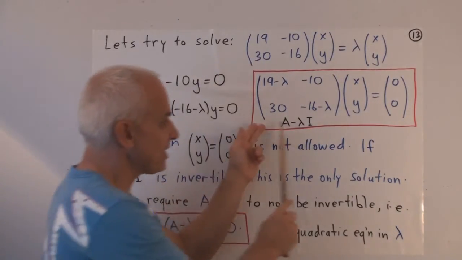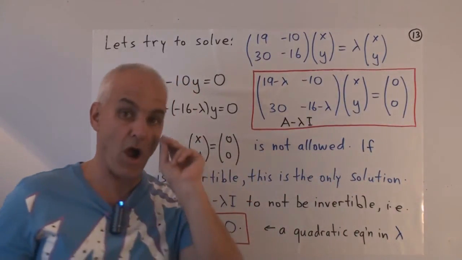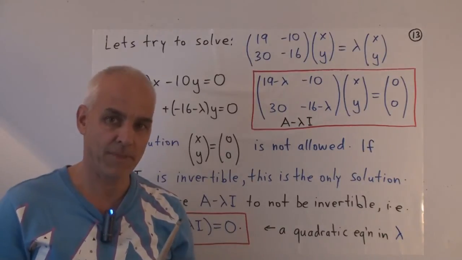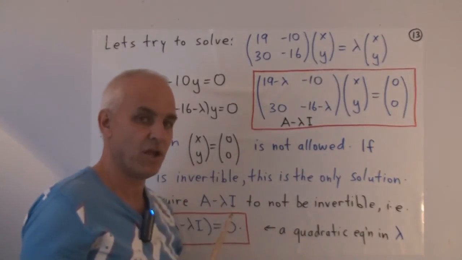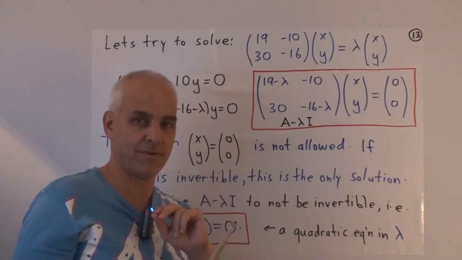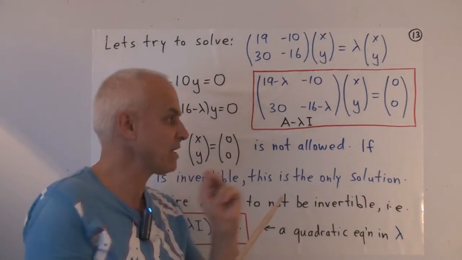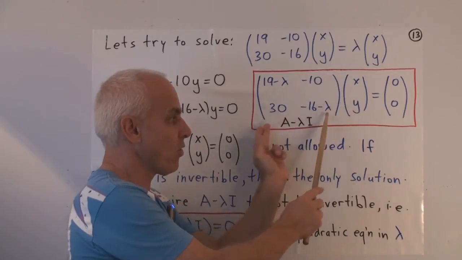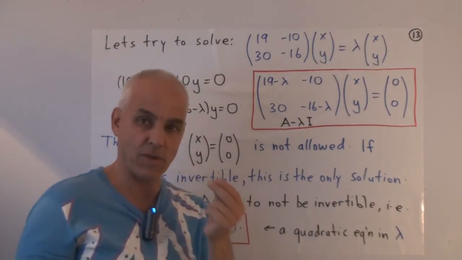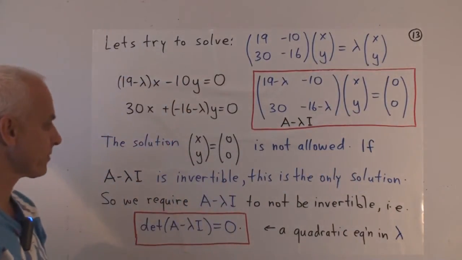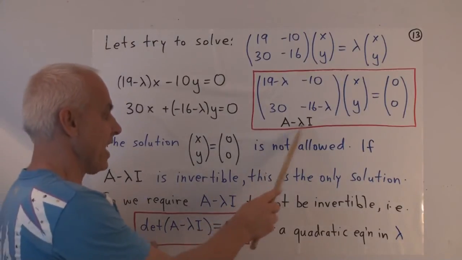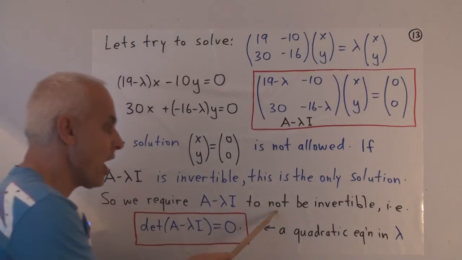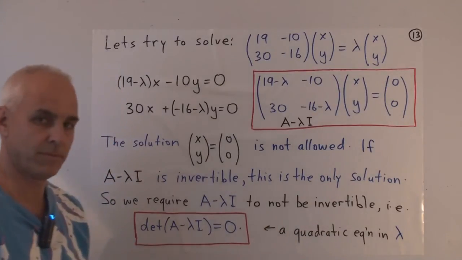So the only way this system has a solution that we are interested in is if this matrix is not invertible. It must be not invertible in order to have a non-zero solution. So we require this matrix A minus lambda I to not be invertible.